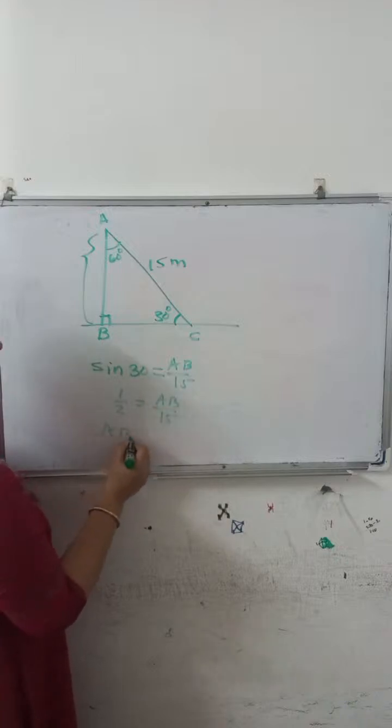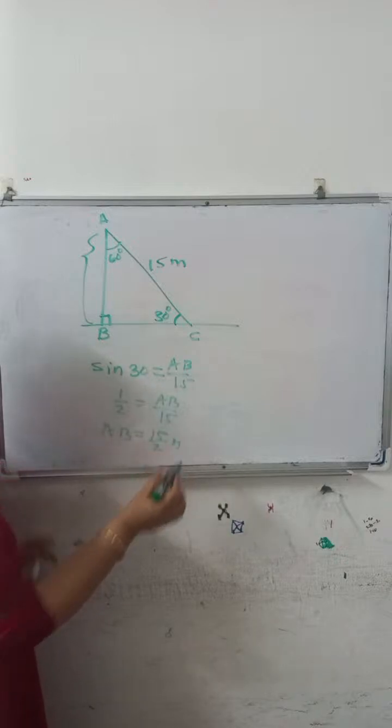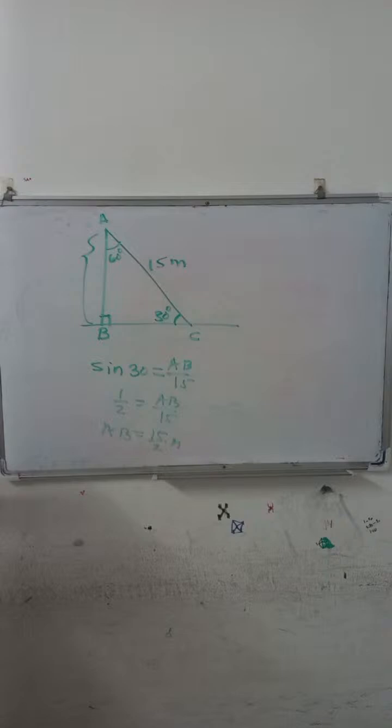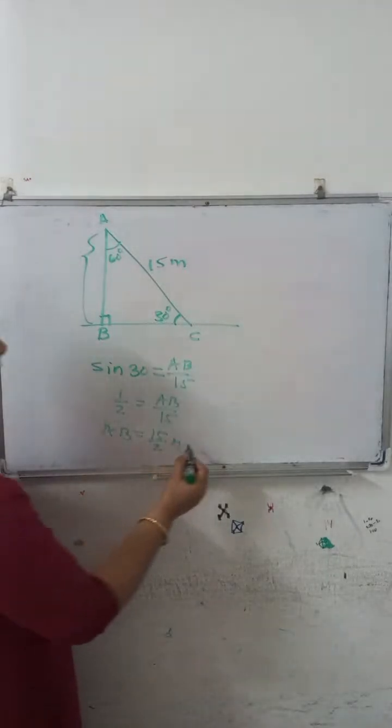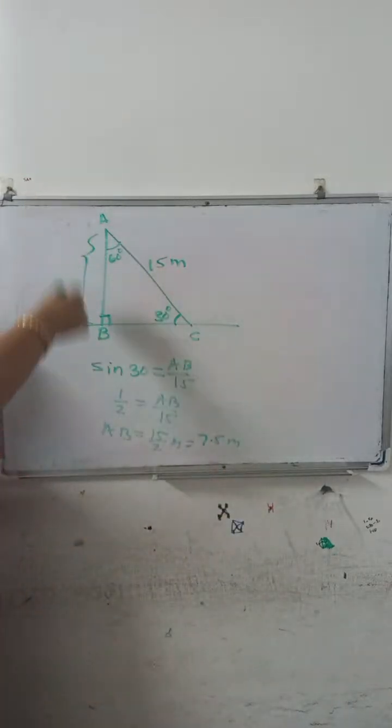So AB is nothing but 15 by 2 meter. The 15 by 2 is nothing but 7.5 meter, the height of this pole.